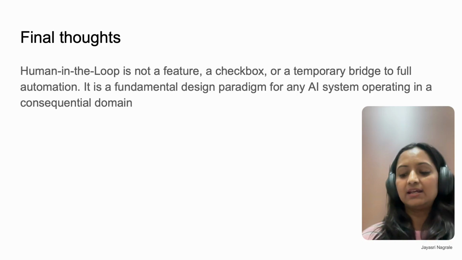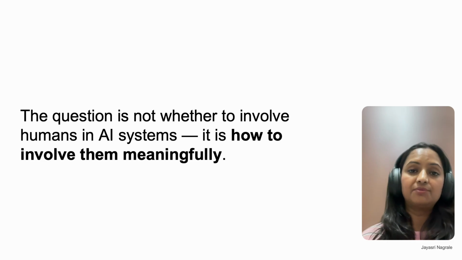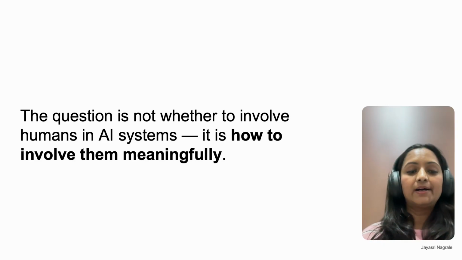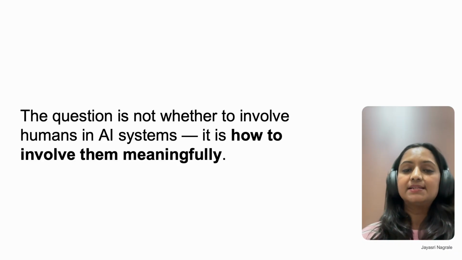Humans and AIs work best when they are working together meaningfully, with concrete boundaries on who does what and who can override what. So the question is not whether to involve humans in AI systems, it is how to involve them meaningfully.